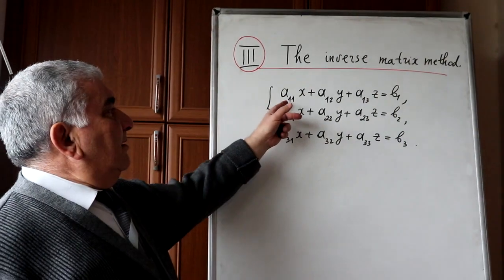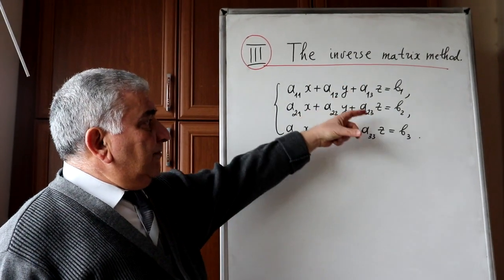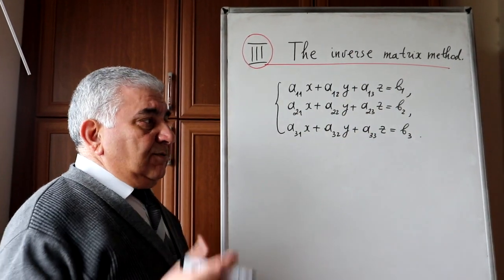Here a sub ij are the coefficients of the given system, and b1, b2, b3 are the constant terms.